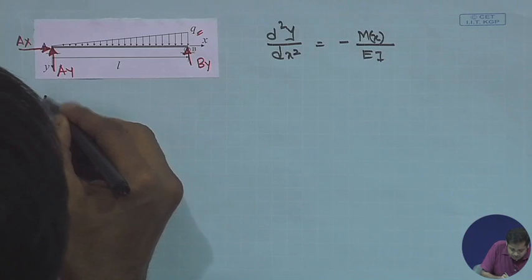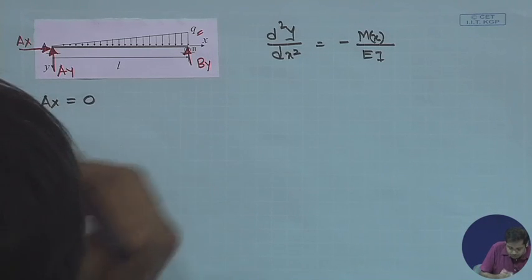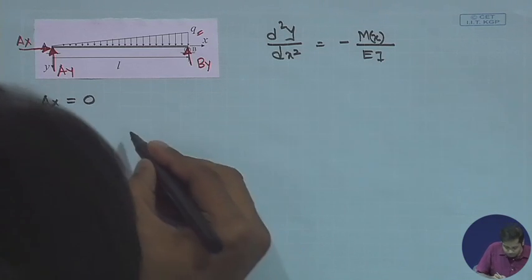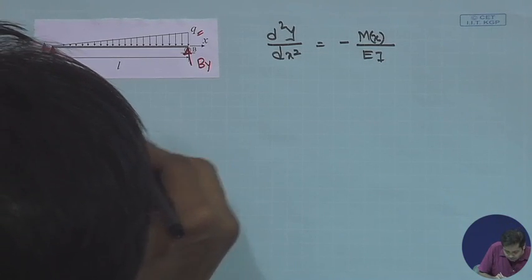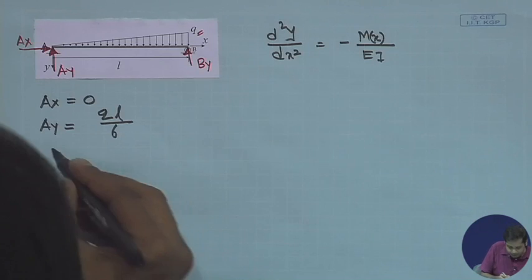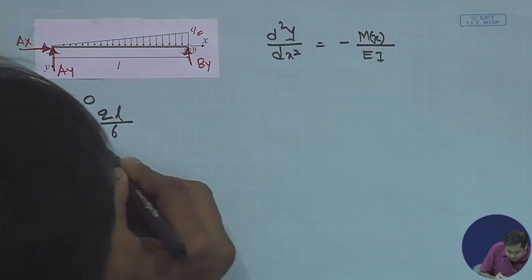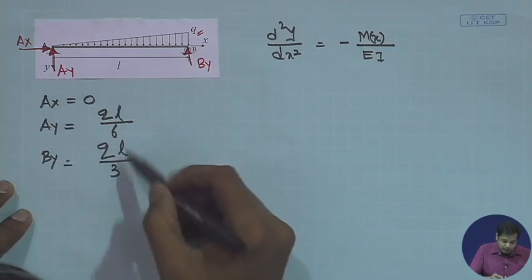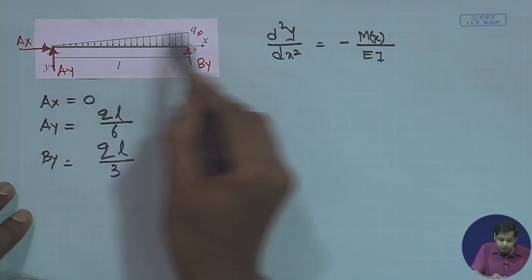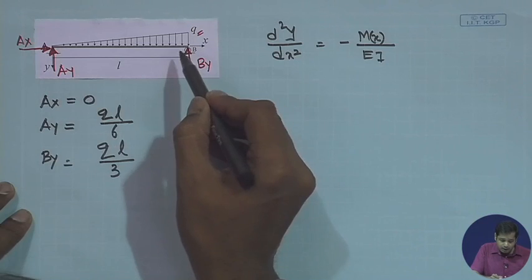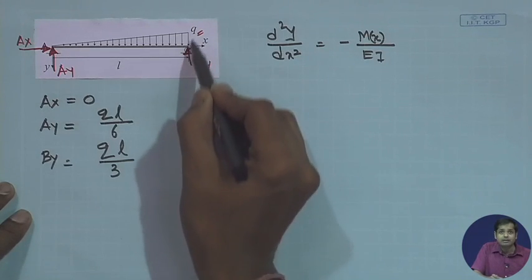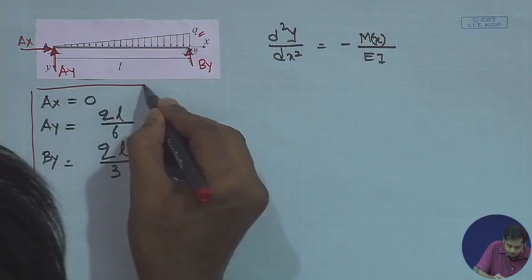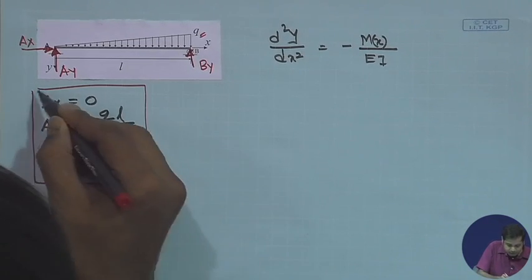So we get Ax equal to 0, Ay equal to QL by 6, and By equal to QL by 3. If you sum them, Ay plus By gives the total load. Total load is half into this length into intensity Q. So these are the support reactions. We know how to determine them, right?